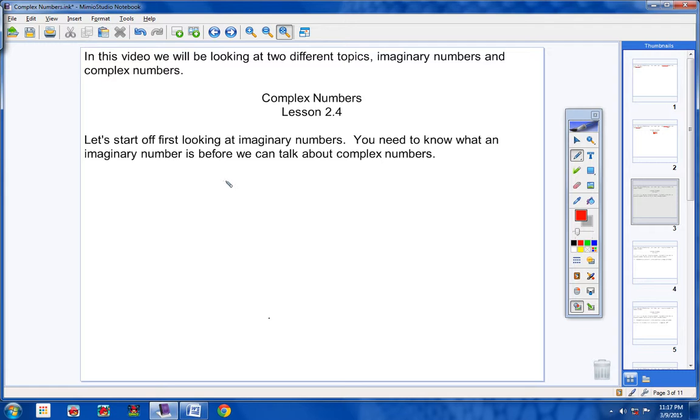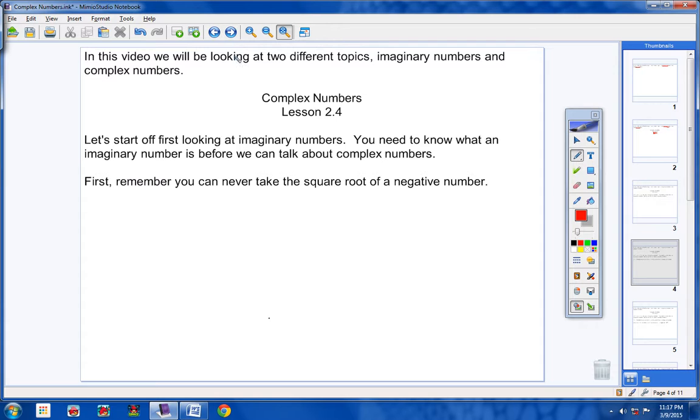Now, let's start off first, like I just said we are going to do, looking at imaginary numbers. You need to know what an imaginary number is before we can talk about complex numbers. So, here we go. First, remember, students, you can never take the square root of a negative number. Now, we know the square root of 4 equals 2.